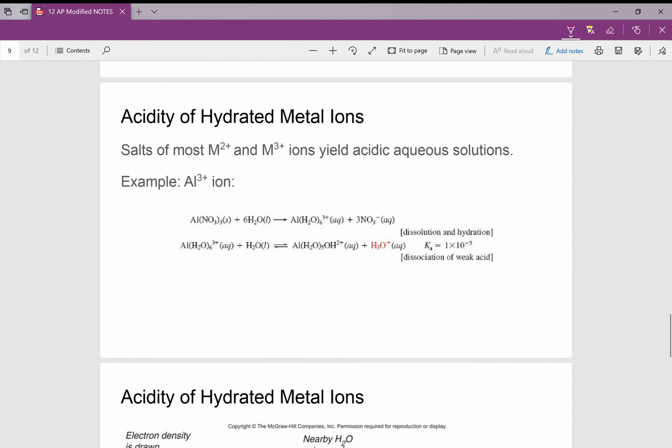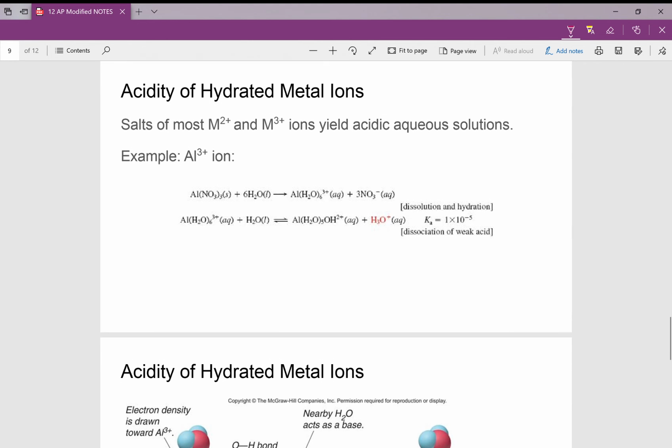So this happens with salts of most metal ions that produce +2 or +3 ions, because again, it has to be highly charged in order to distort the electrons in the water molecule enough. So you can see here the two steps where aluminum nitrate is placed into water.